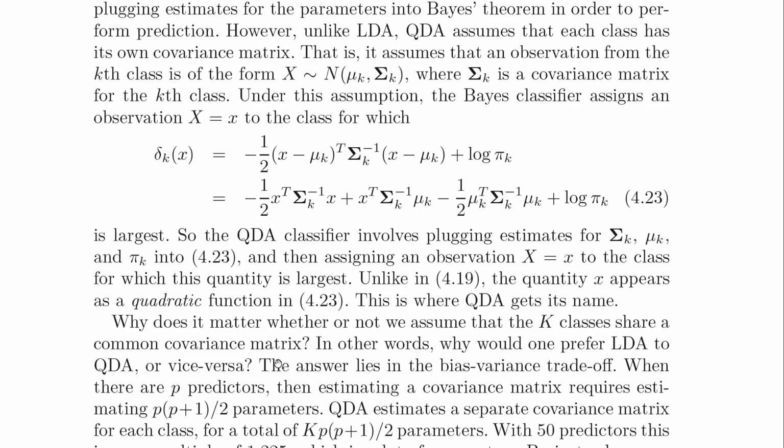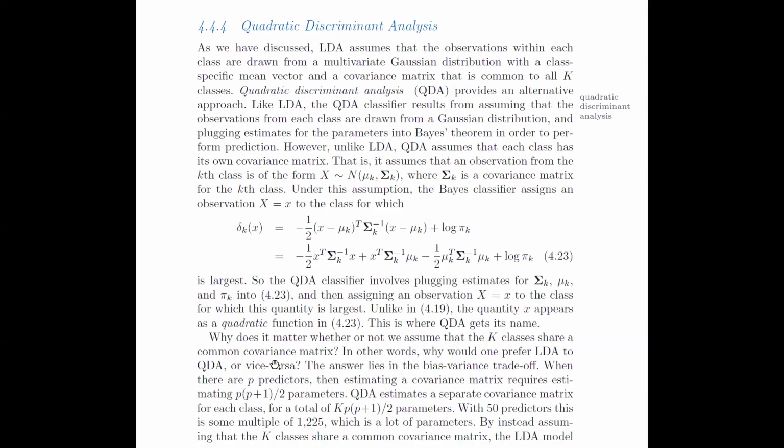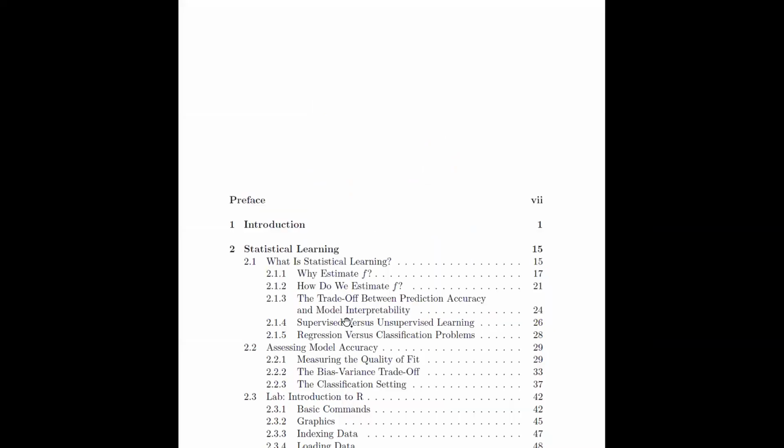Why does it matter whether we assume that the K classes share a common covariance matrix? In other words, why would one prefer LDA to QDA or vice versa? The answer lies in the bias-variance trade-off, which is maybe a good time to quickly go to chapter 2 and look at the bias-variance trade-off.